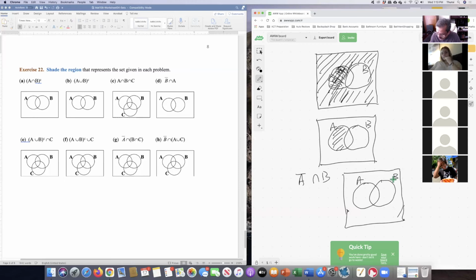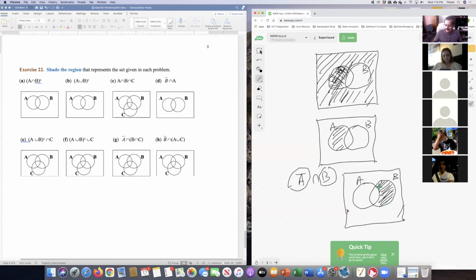The A bar intersection B is not equal to B. It's going to be B without the intersection area. Right, the part of the B without the intersecting part, this. This is what is common to outside of A and B. This is outside of A, and B. What is common to those? That's this.